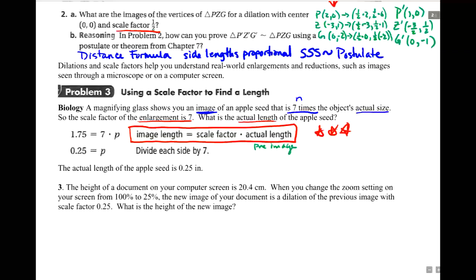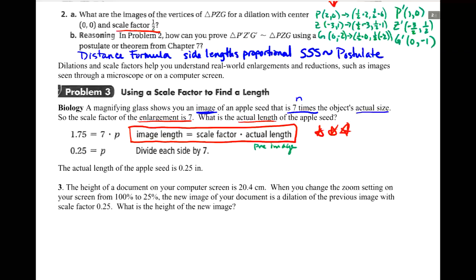All right, so we just put in, we know that apparently the image is 1.75 inches or something. I don't know, it seems we were missing some information here. Apparently our image is 1.75 inches.